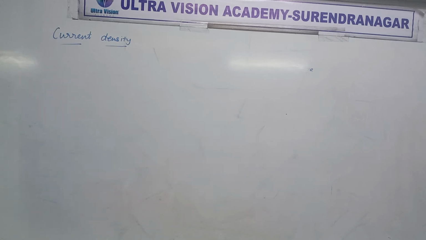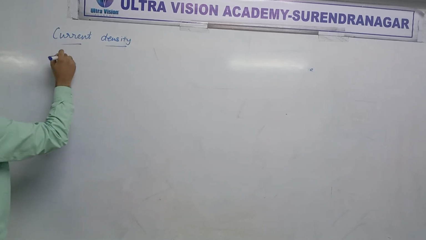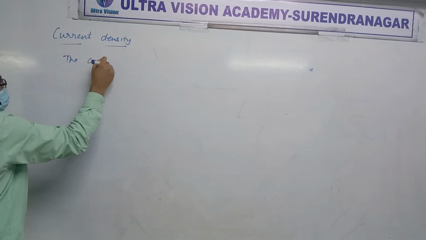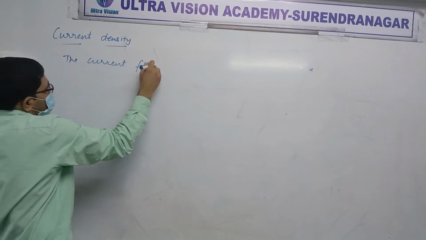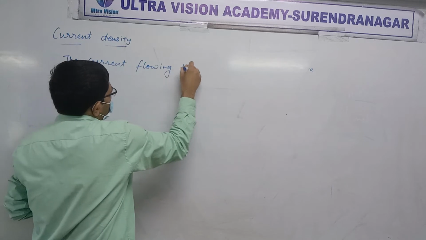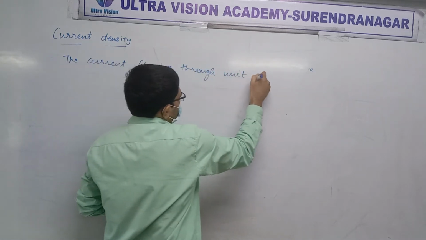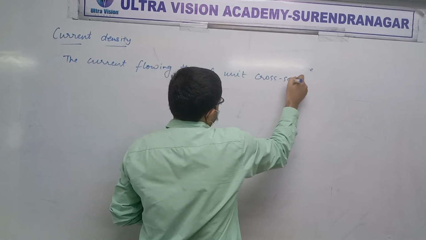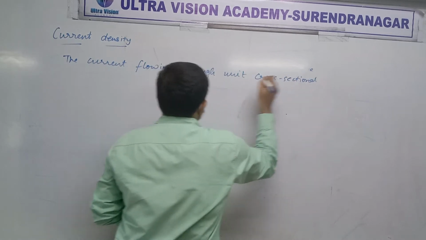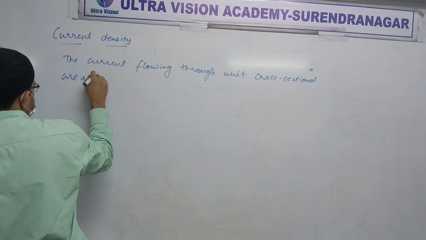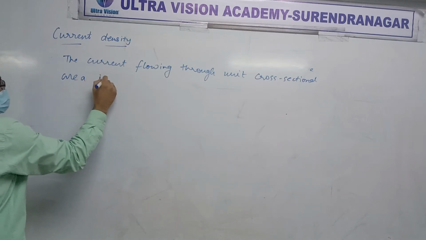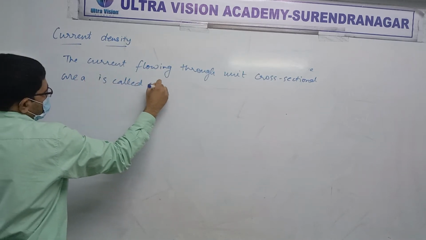First of all, the simpler version. Current density is the current flowing through unit cross sectional area is called current density.